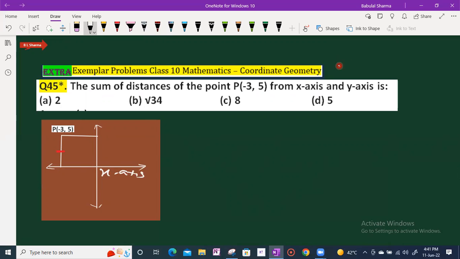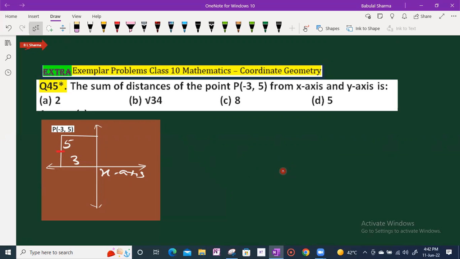This minus 3 is the x coordinate, right? इसका मतलब ये हुआ कि ये जो डिस्टेंस है वो -3 नहीं है, always distance is taken as positive. So this distance is 3, this distance is 5, again C.